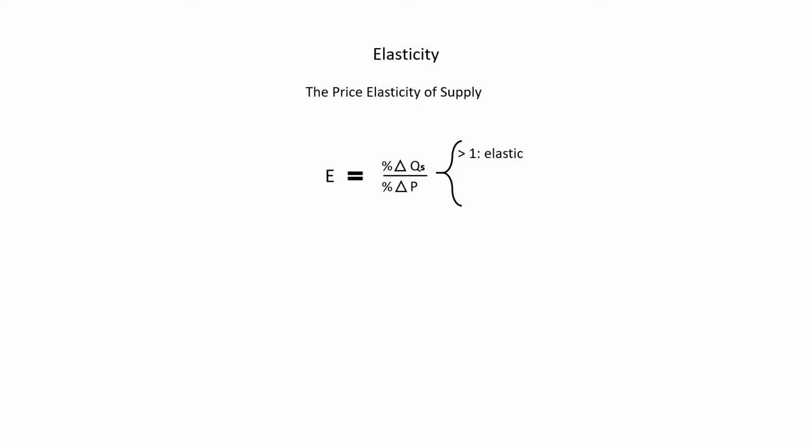So, if the ratio is greater than 1, the supply will be elastic. That's because the percentage change in quantity will be greater than the percentage change in price. By the same reasoning, if it's less than 1, the supply will be inelastic.